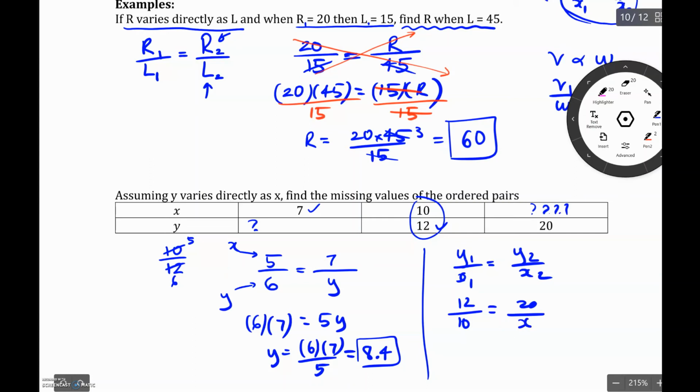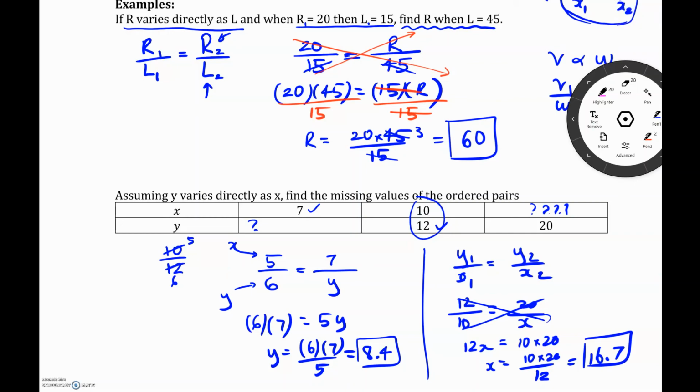So let's put x. So again, we have 12x is equal to 10 times 20. So x is equal to 10 times 20 over 12, which is just about 16.7. All right, and that's the answer.